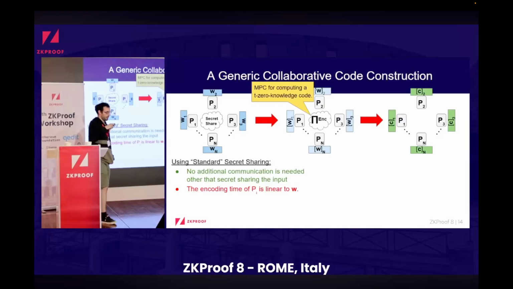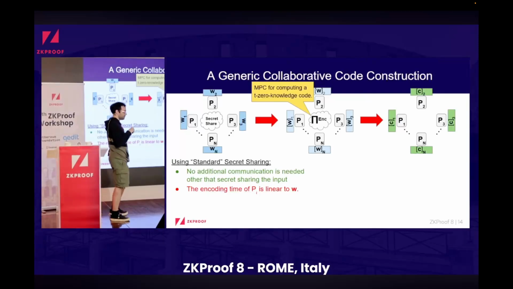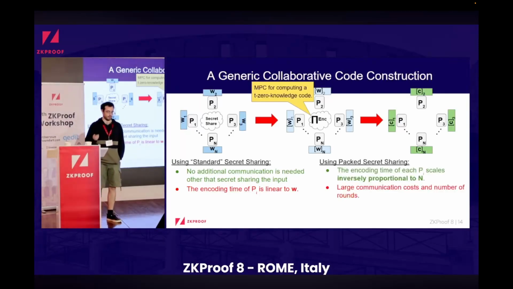First of all, performance-wise, if we use standard secret sharing, then although we have minimal communication overhead, which is just to secret share the inputs, the encoding time of each party is proportional to the entire input size. On the other hand, if we use packed secret sharing, then although we achieve scalability, unfortunately this approach has large communication costs and possibly a large number of communication rounds.